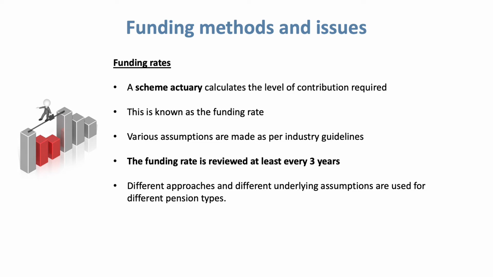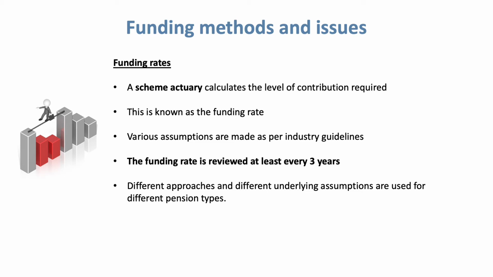Various assumptions will be made in arriving at this funding rate as per industry guidelines, and the Pensions Regulator, who of course regulates the occupational pension schemes, lays out guidance to all firms as to what assumptions they can use. This funding rate is going to be reviewed at least every 3 years.